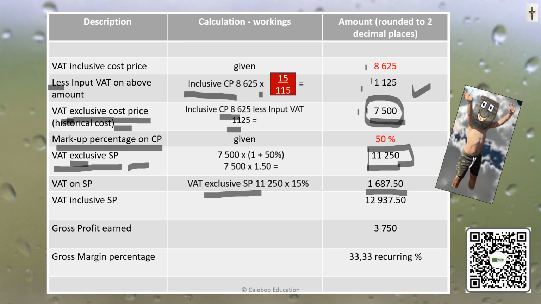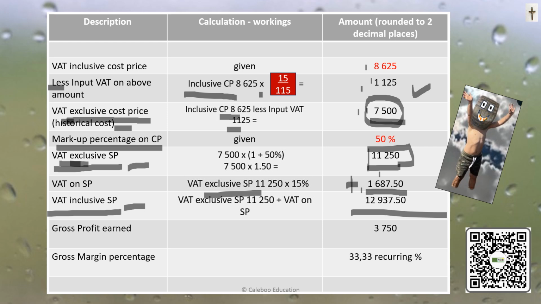So what would be the VAT inclusive price? It would be the exclusive price of 11,250 plus the VAT on the selling price, and that will give us the VAT inclusive selling price of 12,937.50.